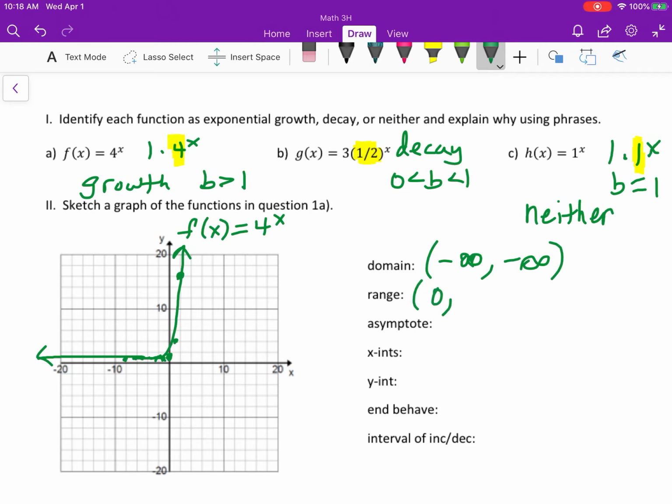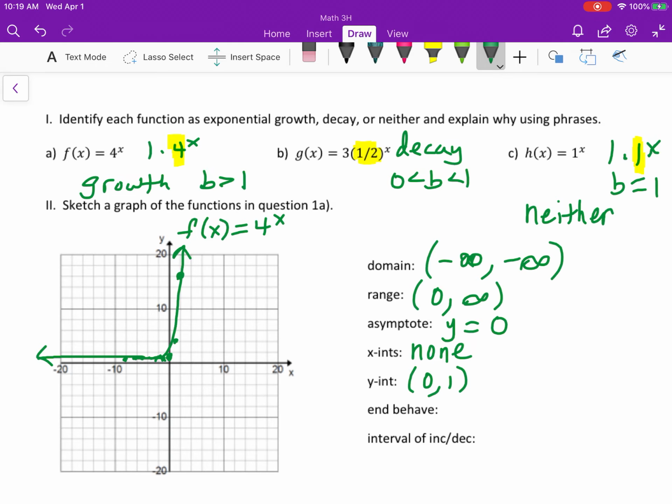Well, it's never going to hit 0, but it's going to continue to go up to infinity. Obviously, we have an asymptote at the x-axis, which is the equation y equals 0. There can't possibly be any x-intercepts with an asymptote being the x-axis. The y-intercept, again, is pretty easy on this one. It was really given to us, or you figured it out, 0, 1, because 4 to the 0 is 1.